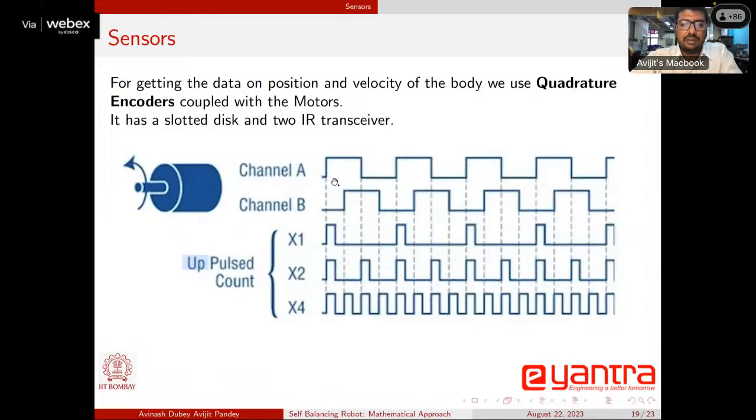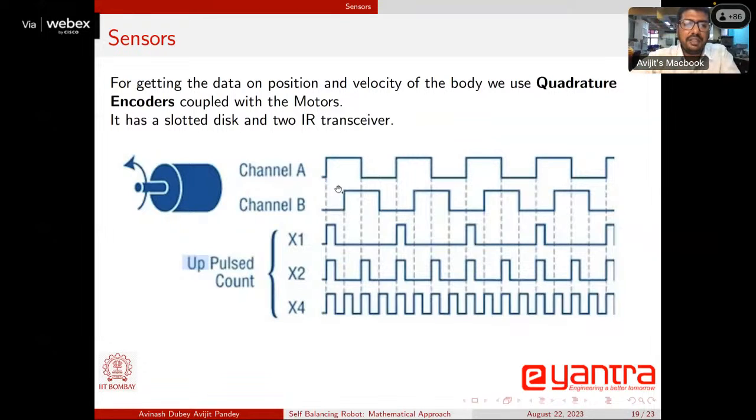So if one slot passes through both A and B, it will generate two separate pulses, two separate events at channel A and channel B. And since they are at a 90-degree phase shift, this one pulse pair can be further divided into four separate conditions.